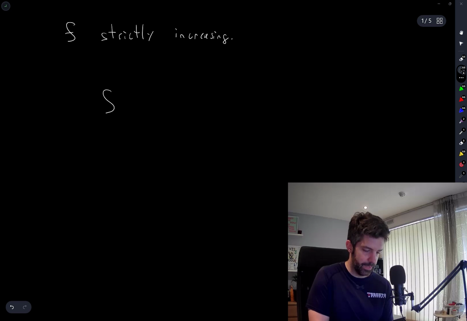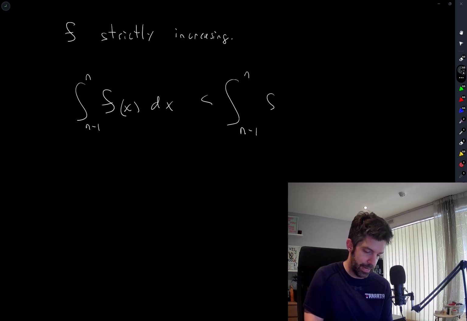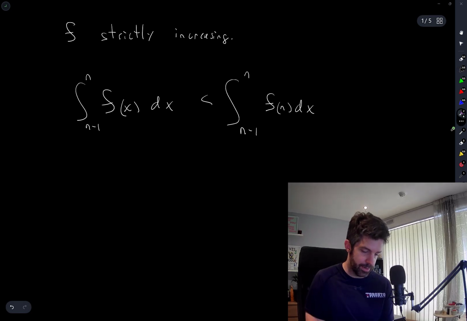So the integral of f of x from n minus 1 to n dx is less than the integral from n minus 1 to n of f of n dx, because what I've done here is I've taken a function and replaced it with something that's larger.